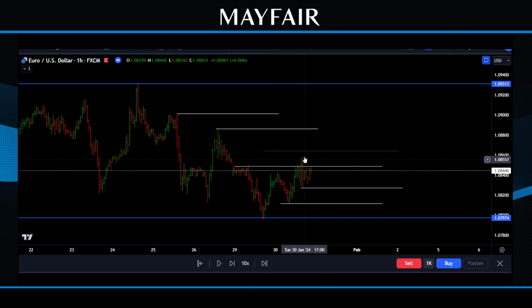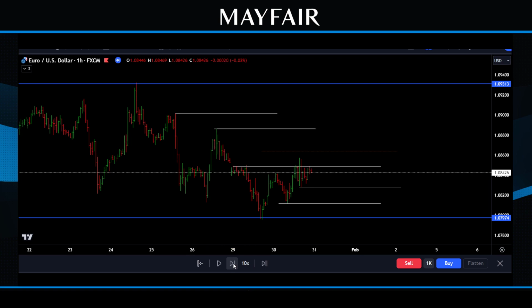We've failed to break and clear it, which means the chances are we're still pointing relatively down till we gain some momentum. We're under the halfway stage, so bearish momentum is still key. We've got this bigger downtrend. So just in summary, my overall bias as we stand right now is somewhat bearish.